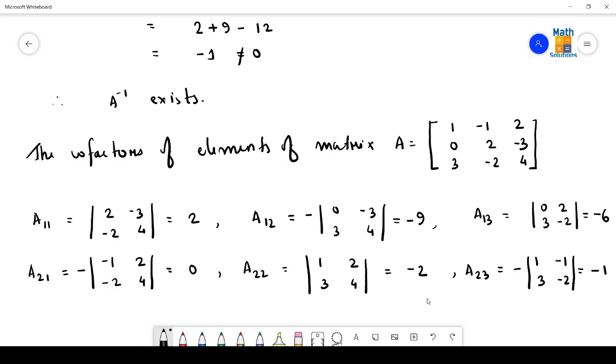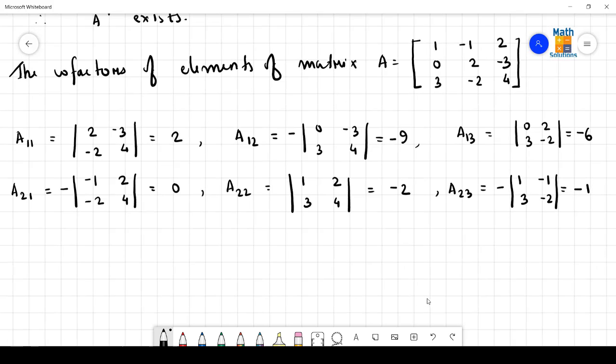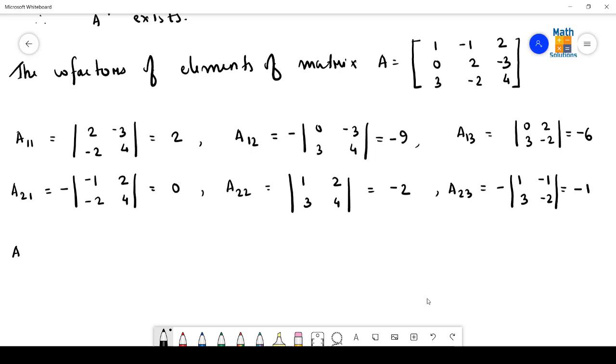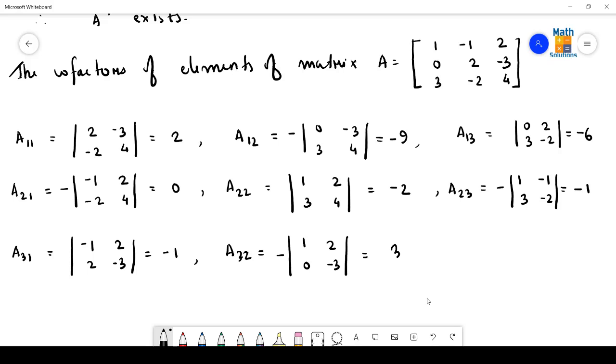After this, let us come to the third part, I mean A31, that is equal to, positive sign convention will be used here. So minus 1, 2, then 2, minus 3. The result will come as 3 minus 4. It is minus 1. Then A32 will be negative of 1, 2, 0, minus 3, and I shall be getting 3.